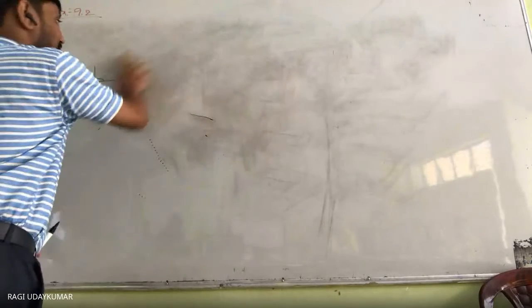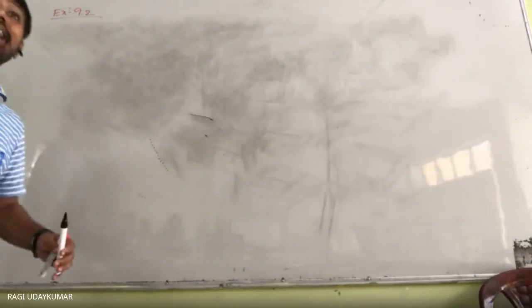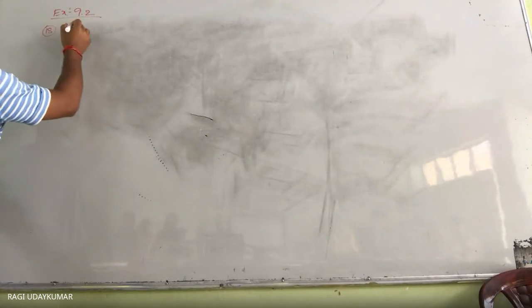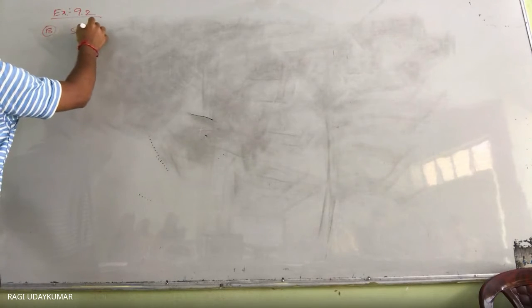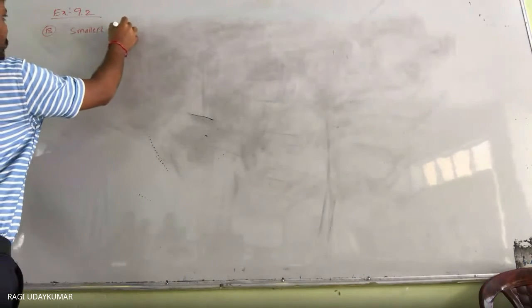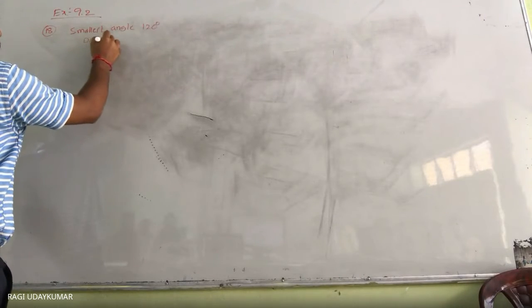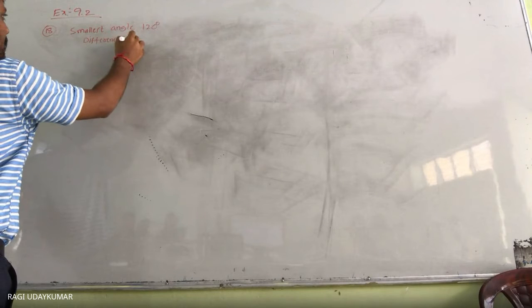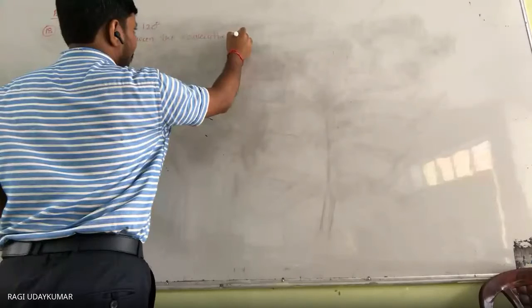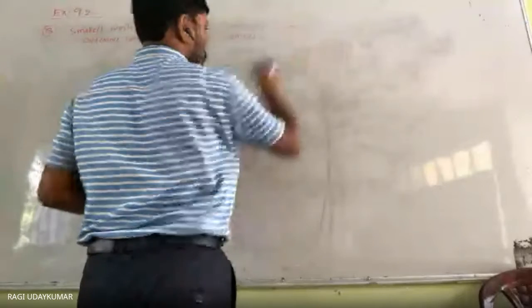So let us consider the polygon is having n sides. Given smallest angle 120 degrees, difference between two consecutive angles is 5 degrees.